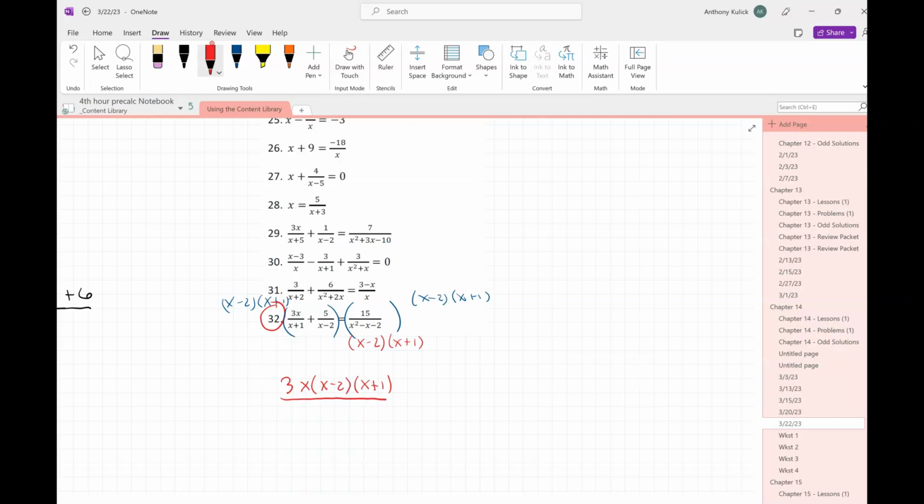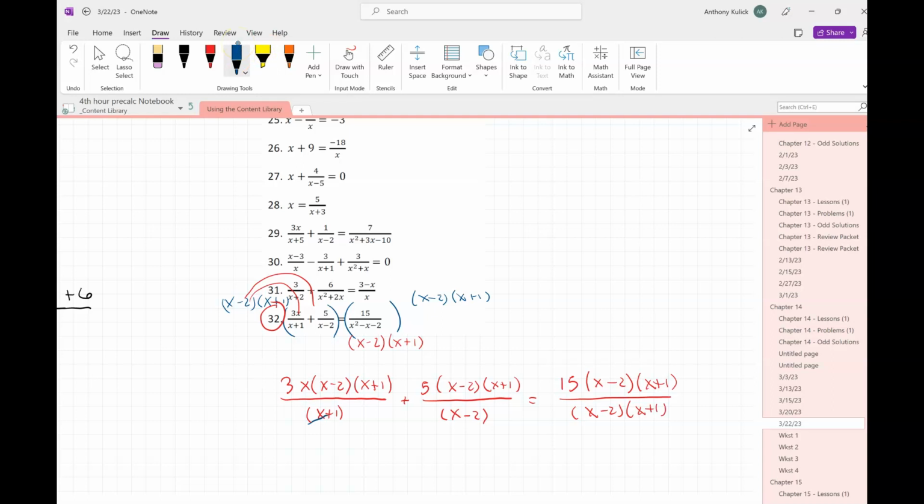So the first fraction, when I multiply it, I have that. The second fraction, and then at the end, the last fraction, I have this.